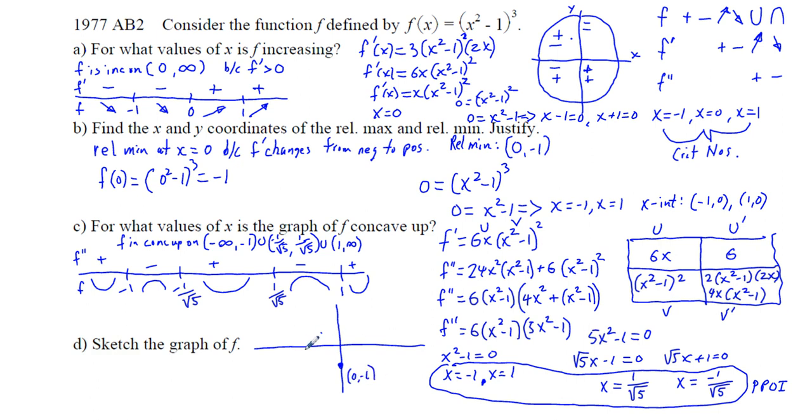We know we have x-intercepts at -1, 0, and also at 1, 0. Okay, let's draw the curve here.